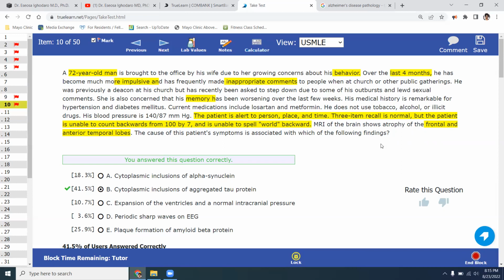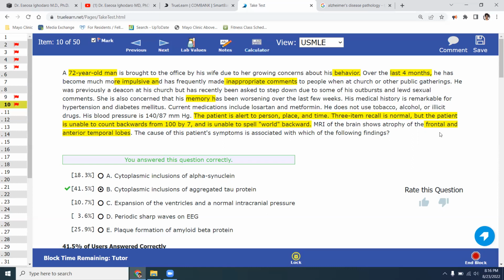Those are the big neurodegenerative diseases that get tested highly on the USMLE. So now you want to think of those 5 or 6 neurodegenerative diseases that I mentioned, which of the following could this most likely be?